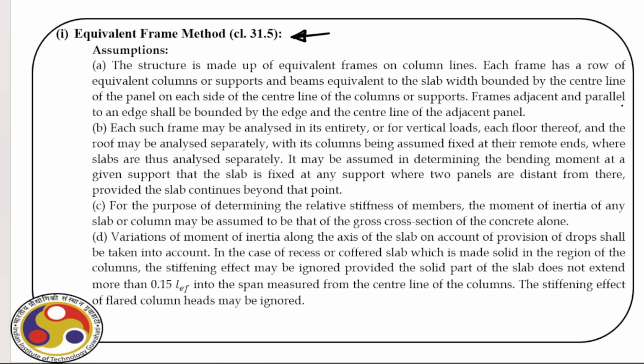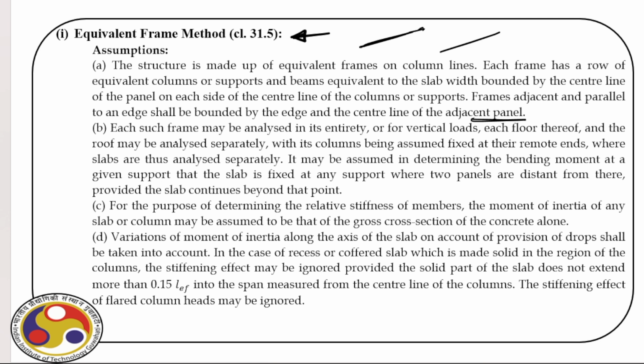Frames adjacent and parallel to an edge shall be bounded by the edge and the center line of the adjacent panel. So, effectively what we do, we assume that the strips are bounded by their edge lines, and we have to consider those strips as beams which are supported at the locations of the columns, or if you have a wall, that is the support.